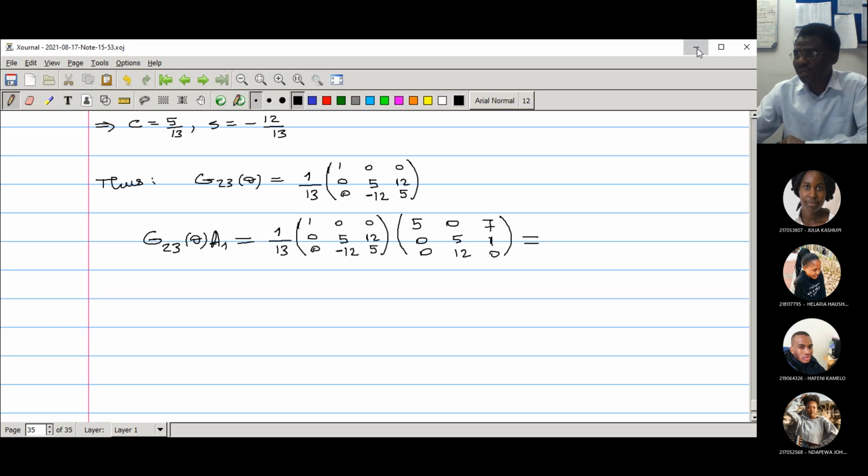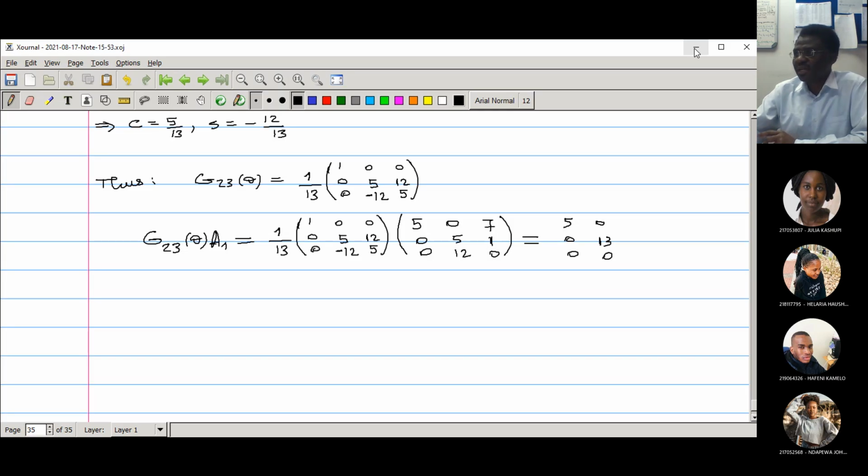So if we perform the computation, we should be able to get the following result: 5, 0, 0, 0, 13, 5, 0, 0, 0, 13 here, and then 0 here, and the last column will be 7.